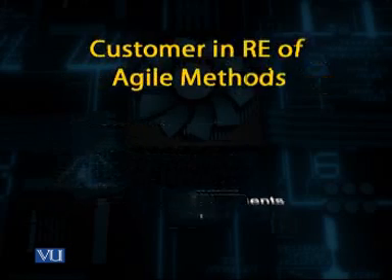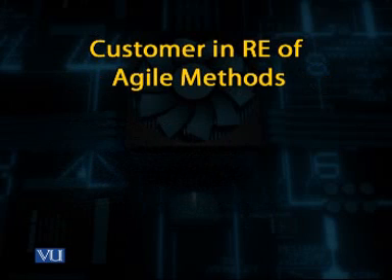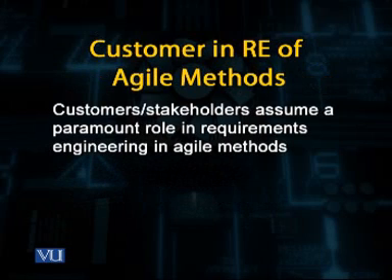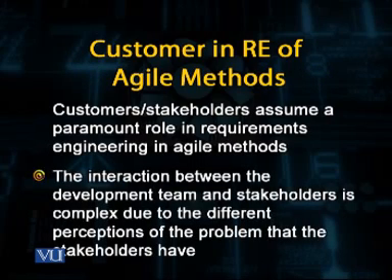So let's talk about the customers and requirements engineering for agile methods. Customers or stakeholders assume a paramount role in requirements engineering in agile methods. The interaction between the development team and stakeholders is complex due to the different perceptions of the problem that these stakeholders have.